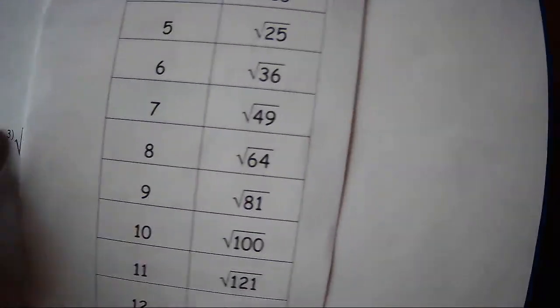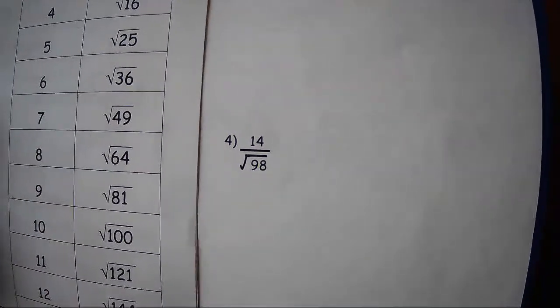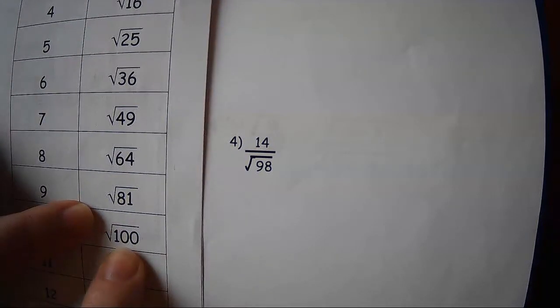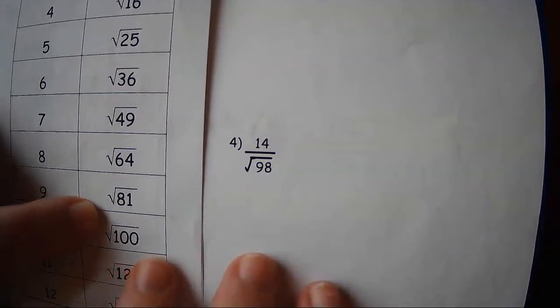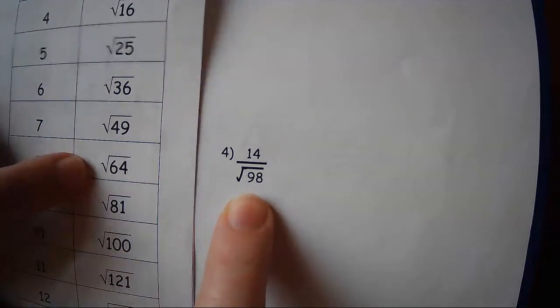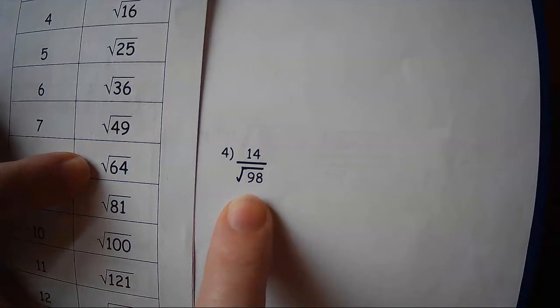So I go and I look, you guys got your square root table, and let me get it, we'll put it over here to the side. Well, 98 is in between 81 and 100, so I'm going to see, well, does 81 evenly divide into 98? Nope. Does 64 evenly divide into 98? Nope.